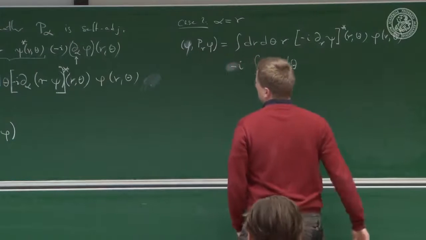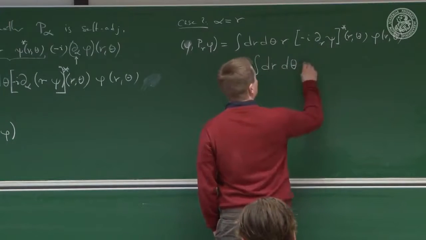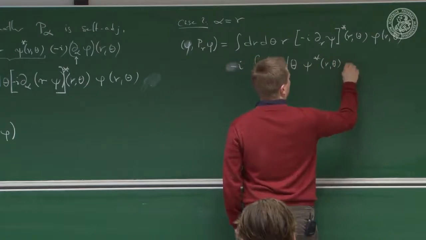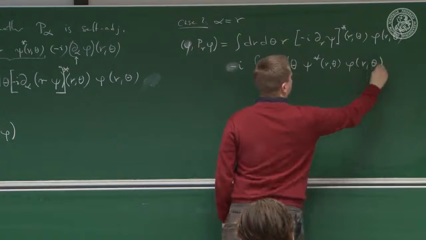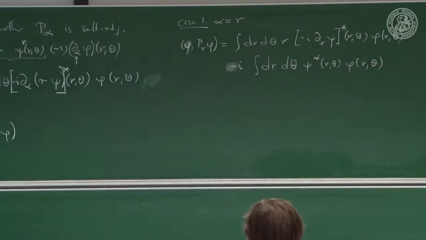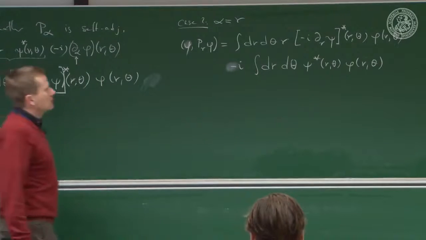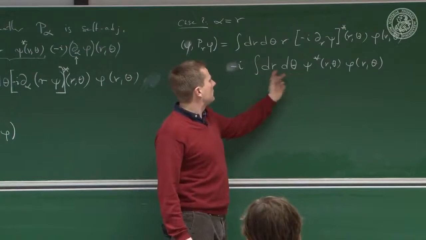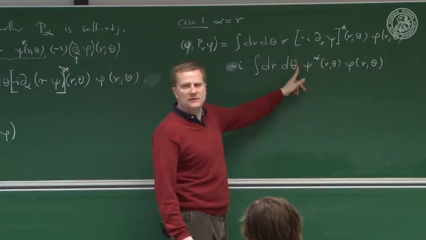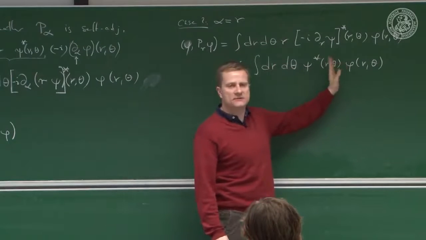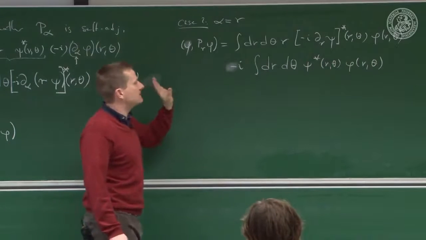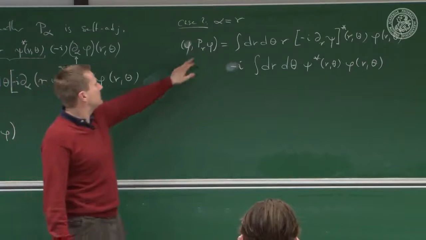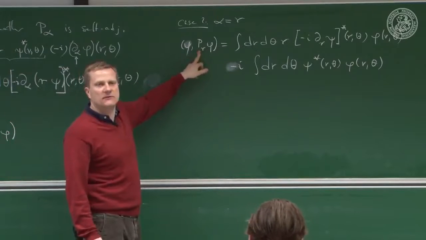The r has vanished by the action of the ∂_r, and there is just a ψ star of r and θ and a φ of r and θ. Okay? But you see the problem, this is not the proper volume form here. There is an r missing, so this is not ψ, φ or something. This is just some other extra term we just don't want, okay? Because it renders this P_r non-self-adjoint.